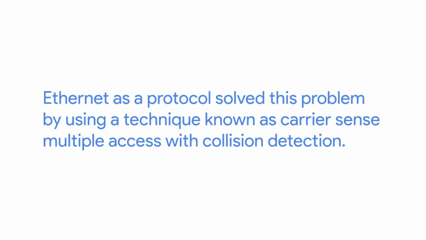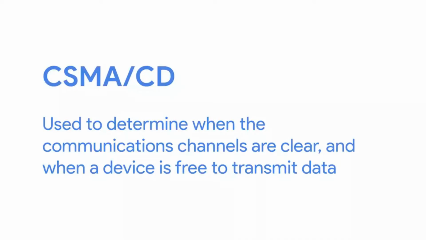Ethernet, as a protocol, solved this problem by using a technique known as carrier sense multiple access with collision detection. Doesn't exactly roll off the tongue, we generally abbreviate this to CSMA/CD. CSMA/CD is used to determine when the communication channels are clear and when the device is free to transmit data.